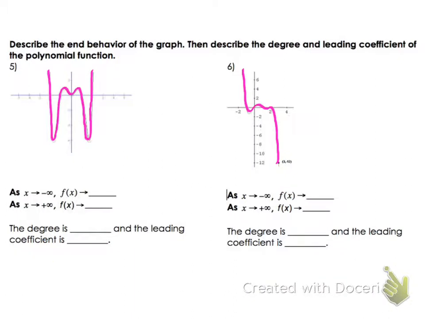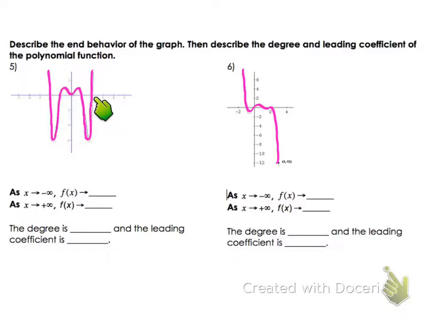All right. Here we go. Question number 5. This time we're given a picture of the graph. We're going to determine whether it's even or odd, and we're going to describe the leading coefficient. Since both sides are going up, it's got to be an even function.